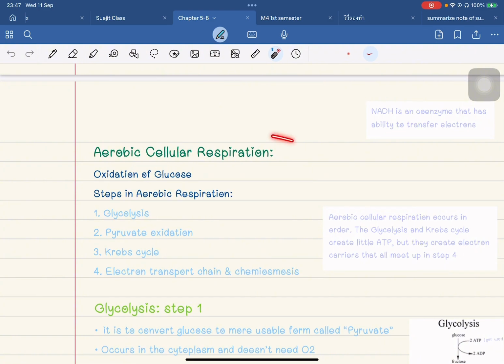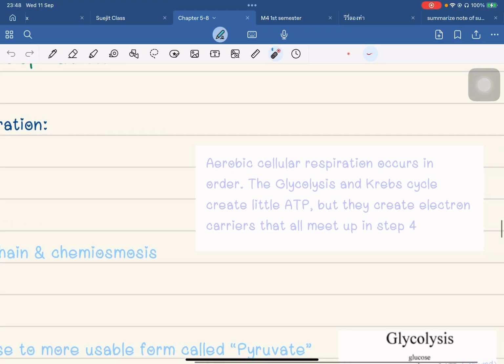We do this to oxidize glucose into ATP for our cells to use. We have four steps. The first is glycolysis, then pyruvate oxidation, then the Krebs cycle, and the last is the electron transport chain and chemiosmosis. So aerobic cellular respiration occurs in order.